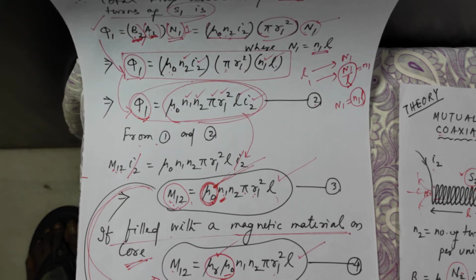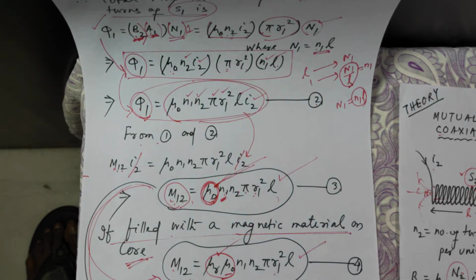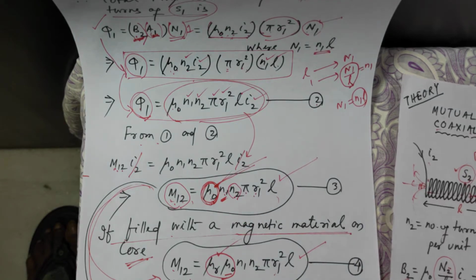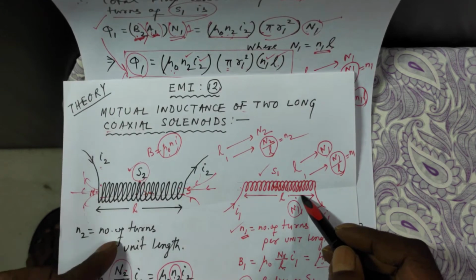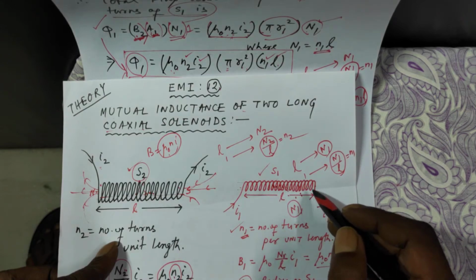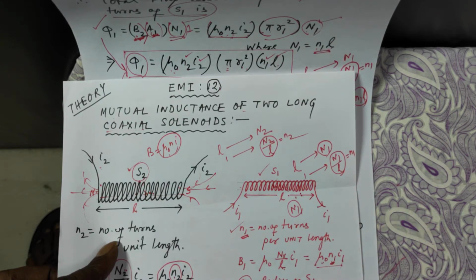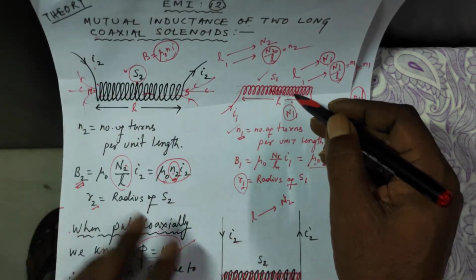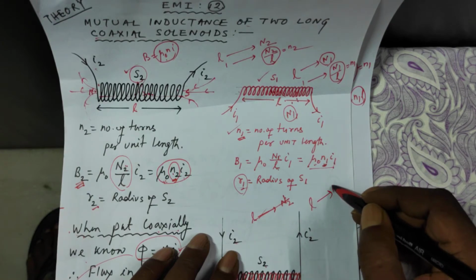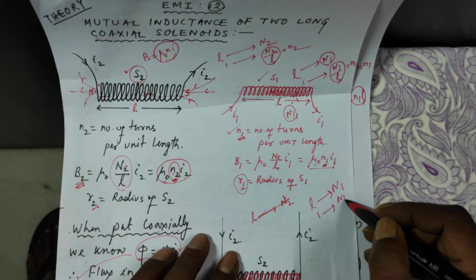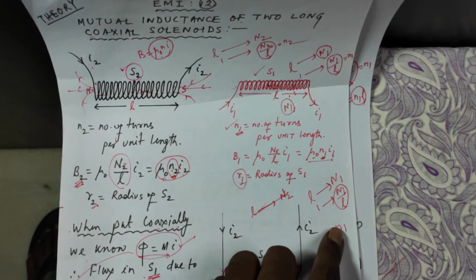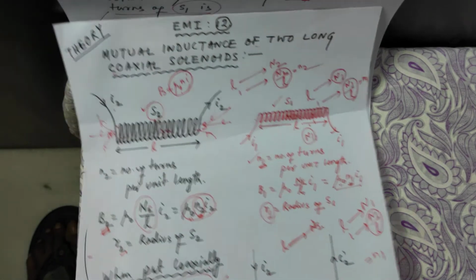So small n1 can be replaced by N1 by L. And small n2 was number of turns per unit length in this solenoid, and this solenoid has a total number of turns N2 distributed in length L. In this solenoid, in length L, total number of turns was N1. So per unit length is equal to N1 by L. This was written as small n1. So small n1 can be replaced by capital N1 by L.